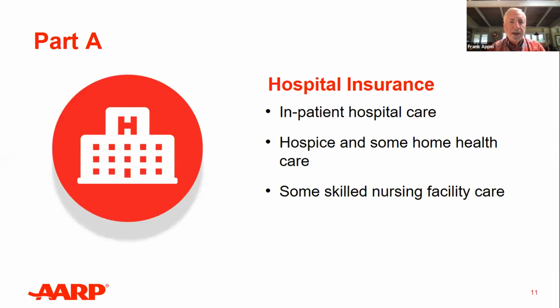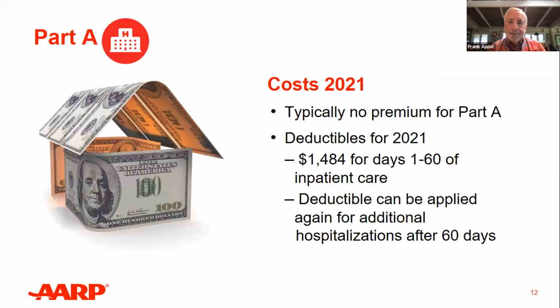This is the part of Medicare which helps cover the costs of inpatient care, covers hospice care and some home health care that is immediately following a hospital stay, and some skilled nursing care. Also, skilled nursing care, such as care you might need for rehab after a knee replacement surgery in a nursing home. Next.